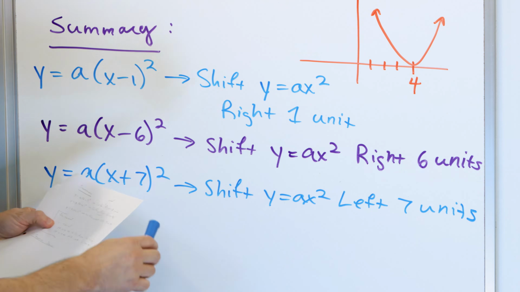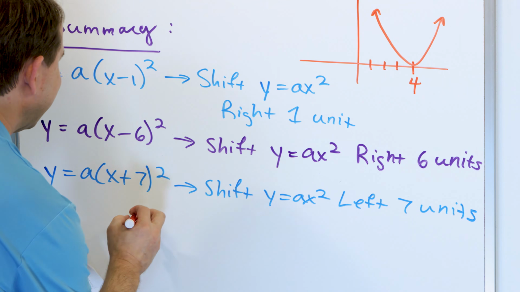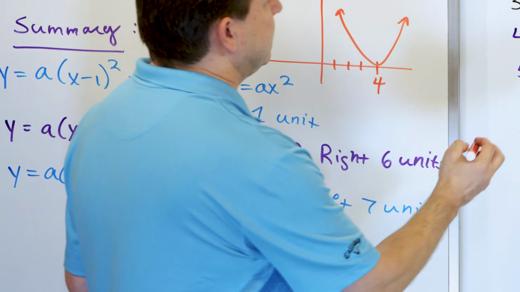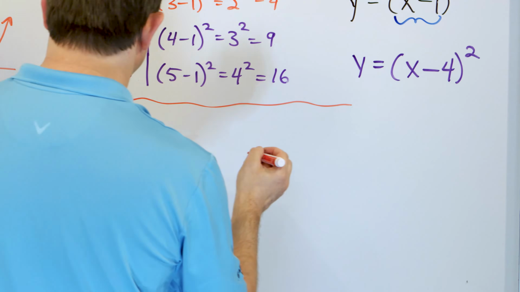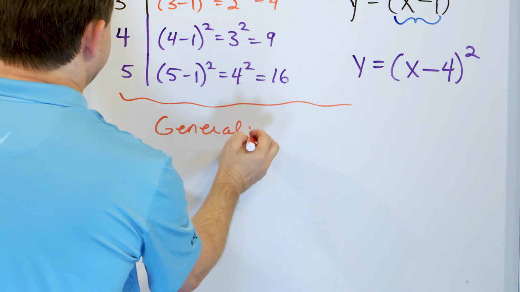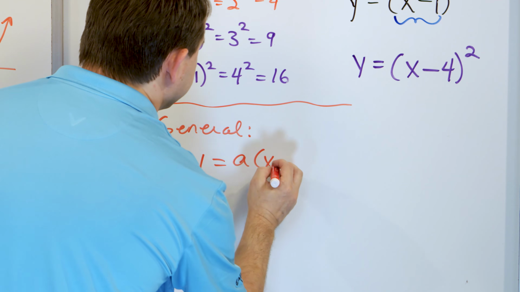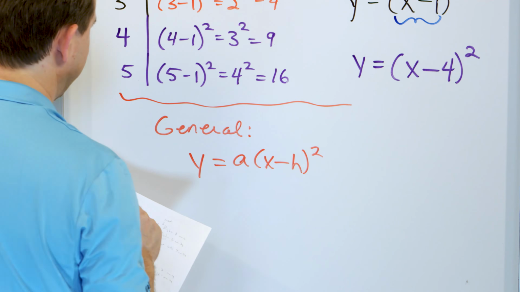So in general, the most general thing that you might see in a book is something like this. Let me write it under here. I have a little more room here. In general, you're going to see something like this: y is equal to a(x minus h) quantity squared.